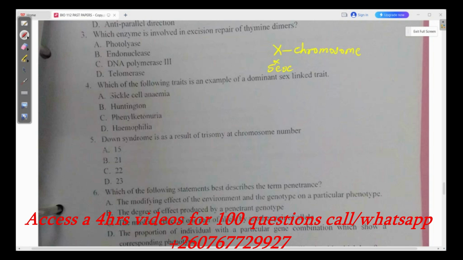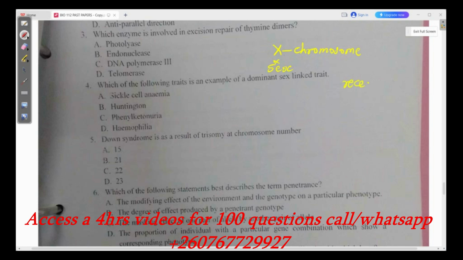So the question here is saying which of the following diseases is an example of a dominant sex-linked trait. So you also have to understand it can be X-linked, but is it dominant or recessive? So dominant means that the trait is inherited in a dominant form, okay? Whereas if we say it's recessive, it means that it's inherited in the recessive form. So I've got a number of disorders or traits which are inherited in a recessive form.